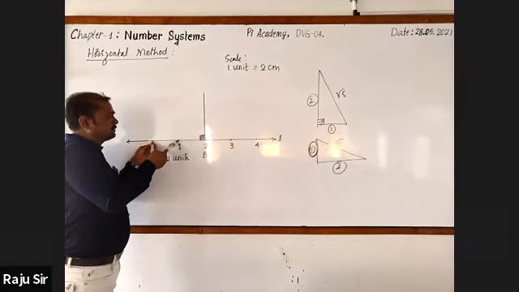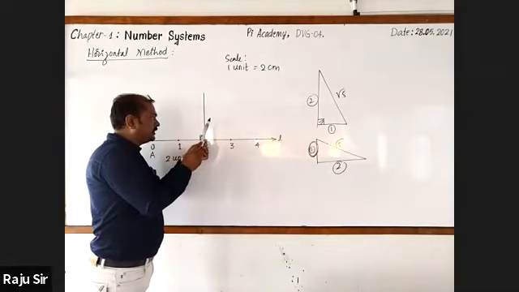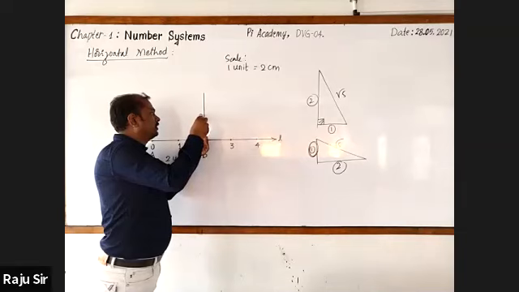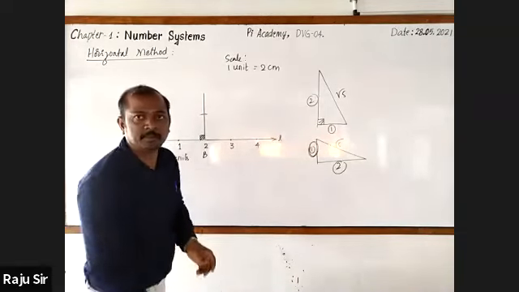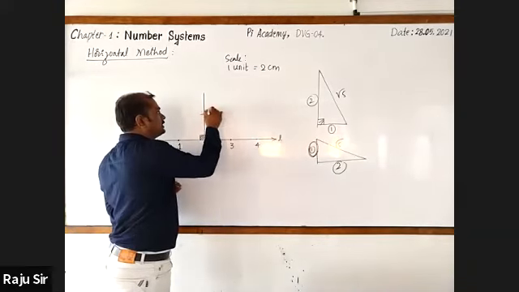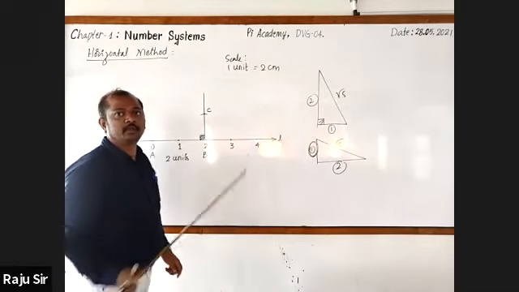Take the distance from 0 to 1. Have you taken? Next, with B as center, draw an arc of 1 unit, which cuts the perpendicular at a point. Call this point as C.